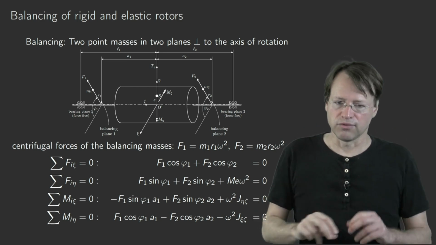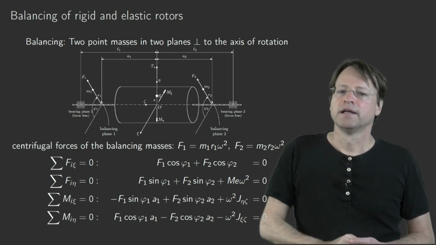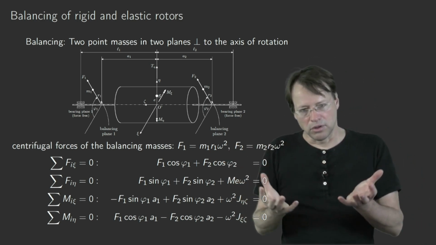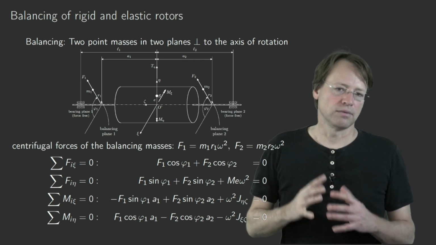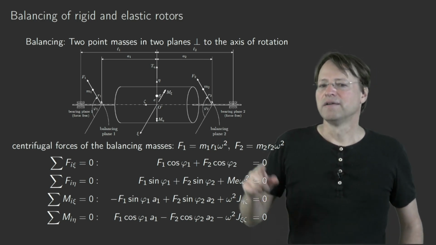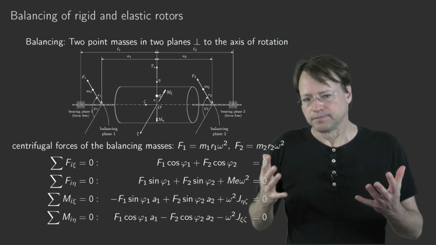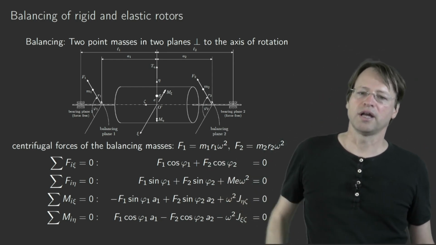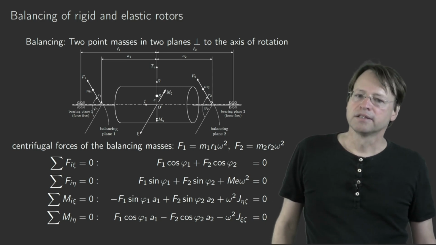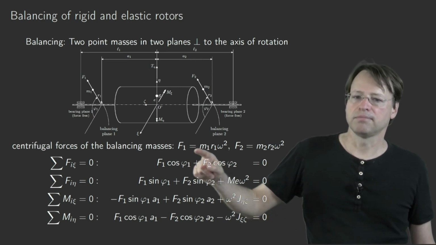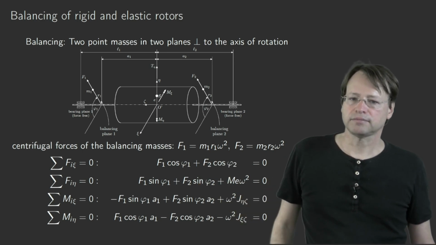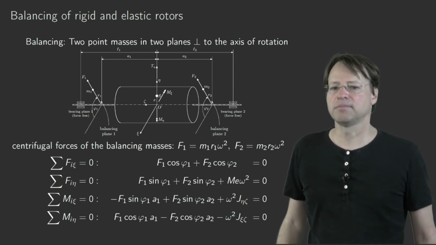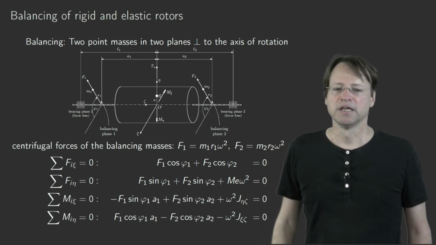For example, if you have to fix that balancing mass somewhere on your wheel, then there will be a limited choice for the values of R, and this then also limits the choice for M, for the mass itself. So you have more parameters. You have M, R, phi, and A1, A2. So you have 8 parameters, but just 4 equations.